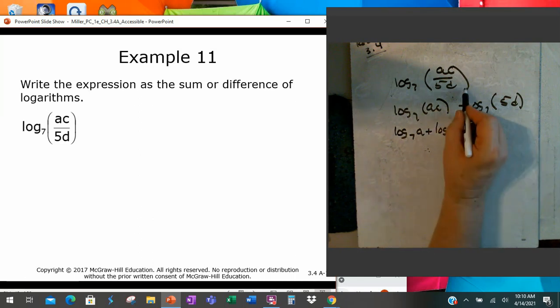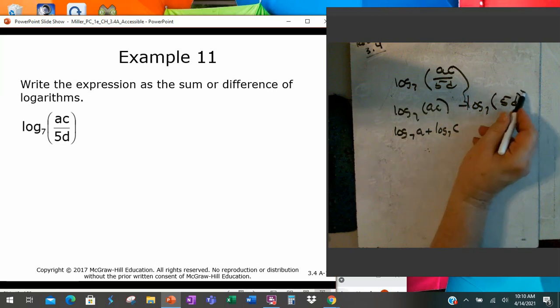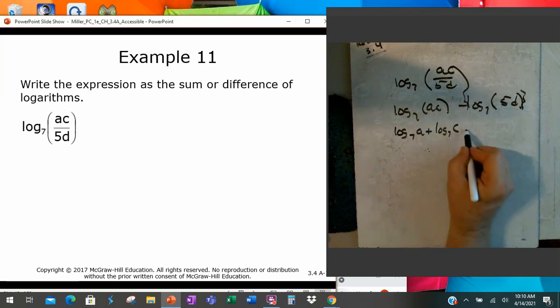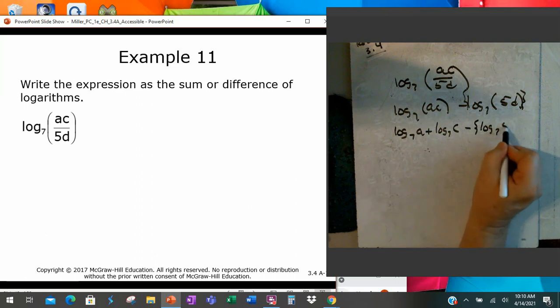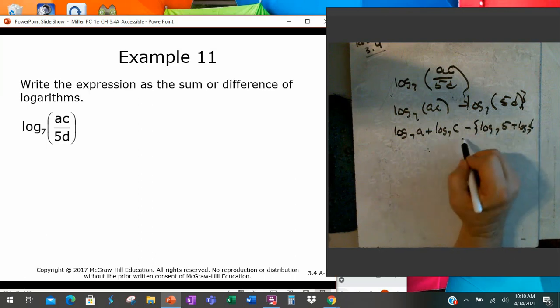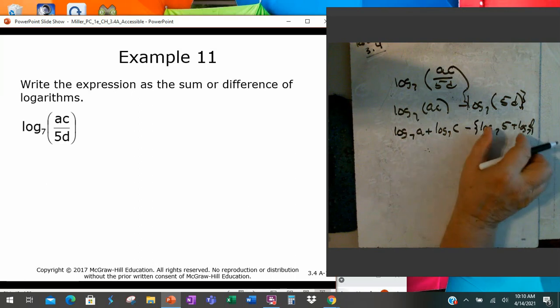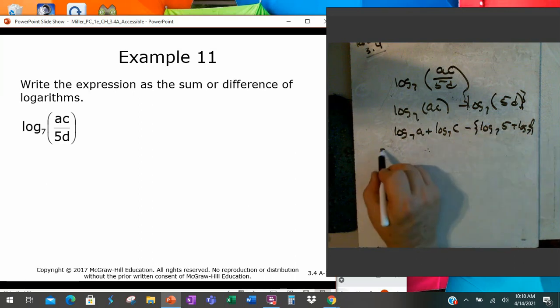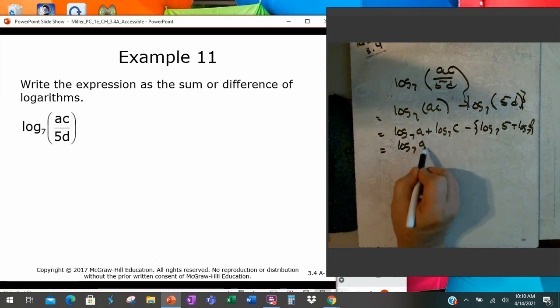But in the bottom, I need to be careful and subtract off everything. So this is minus log base 7 of 5 plus log base 7 of d. Close the braces. So this is finally log base 7 of a.